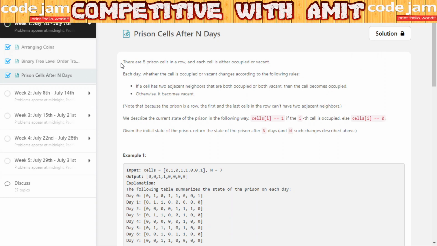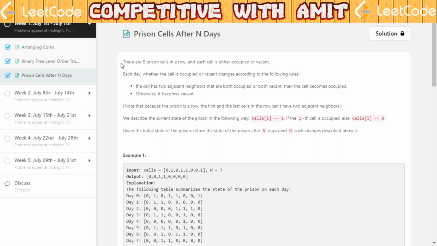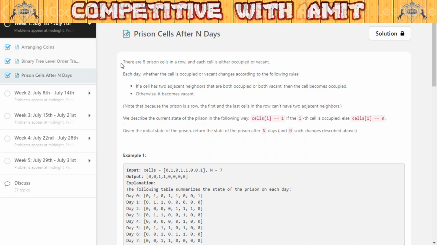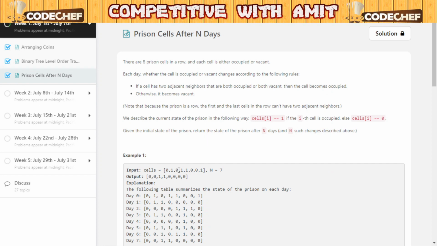In the question, what we are given is a row of 8 prison cells in which a cell is either occupied or vacant. For occupied we have 1, and if it is vacant then it is 0.